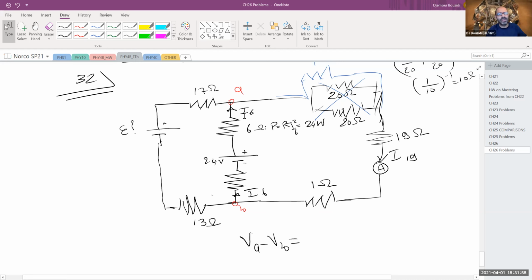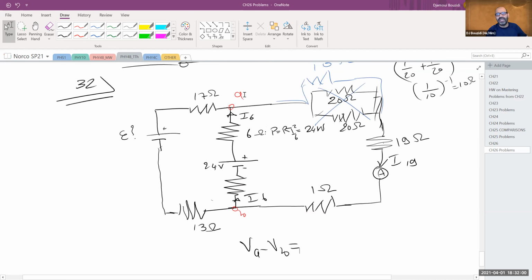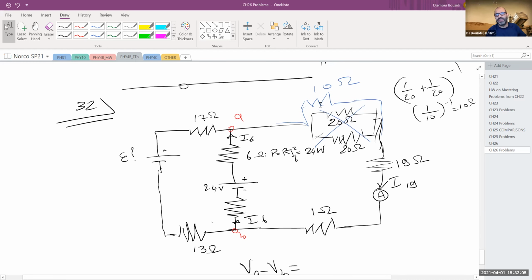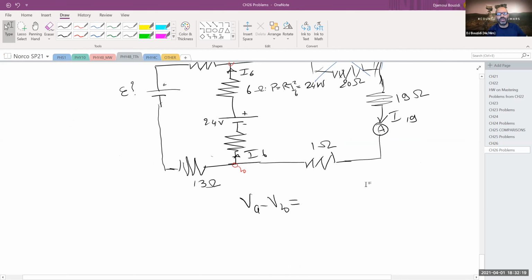So let's see if that's correct, okay? If that's the direction of the current, then the voltage drop between A and B should be just the resistance in here of 10 ohms times I-19 plus 19 times I-19 plus 1 times I-19.